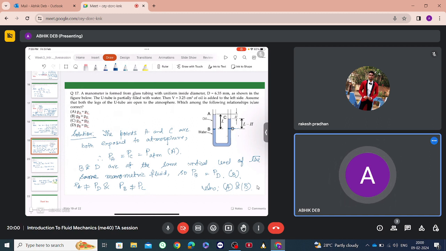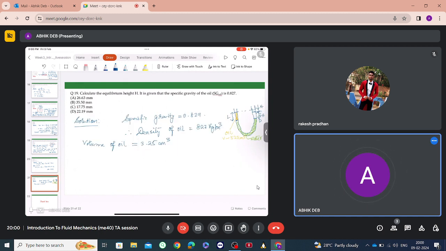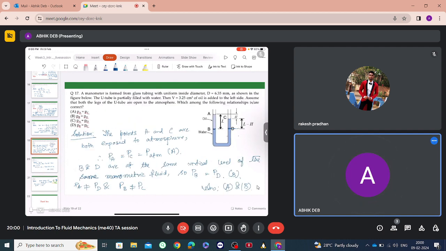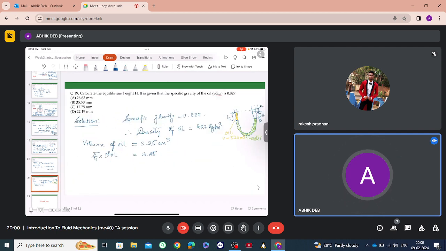It will be pi by 4 d square into L. So pi by 4 into d square into L will be equal to 3.25 centimeter cube. Since d is in millimeter, let's take this to millimeter cube, so 3250 millimeter cube.